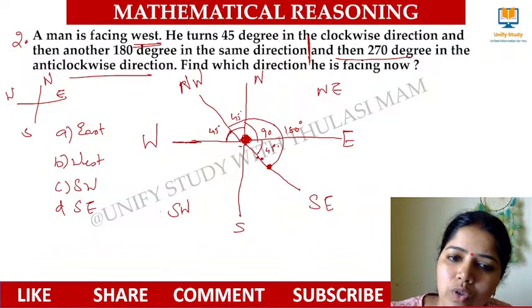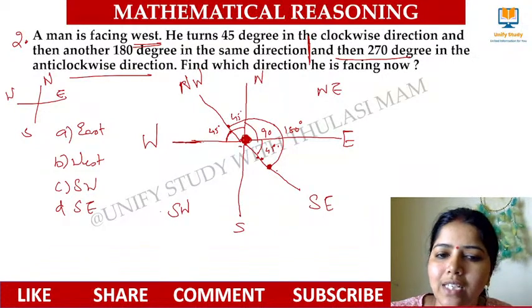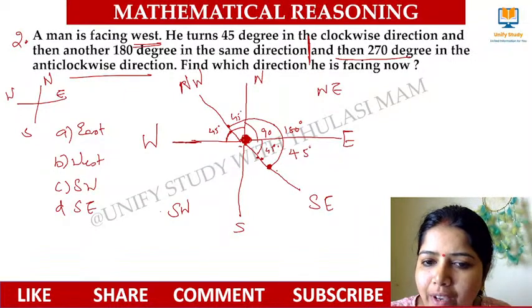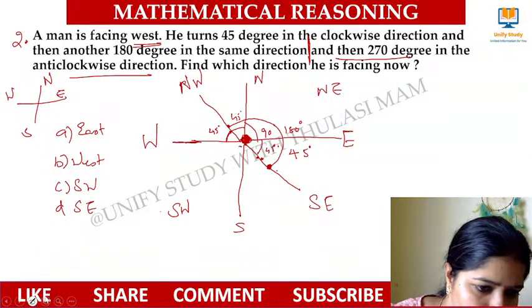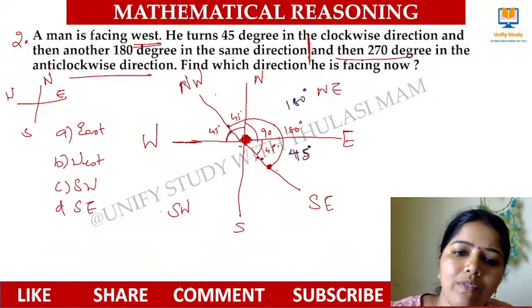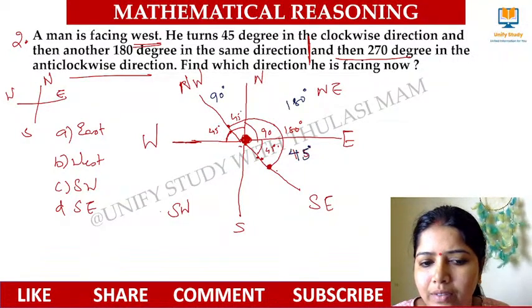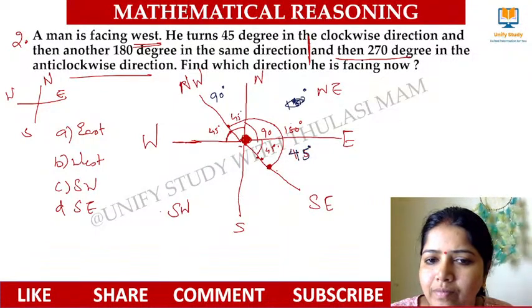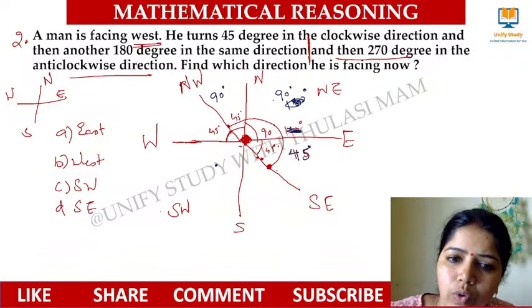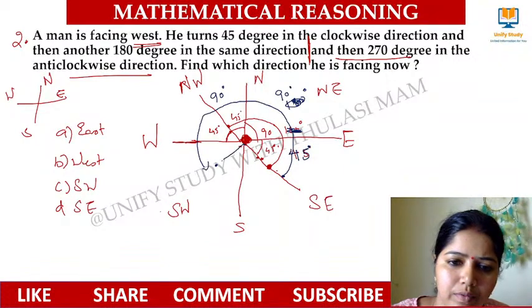Here till here he goes with 180. From here to here 90, here to here 90, here to here 90, and where will it be? Each step is 90 degrees.